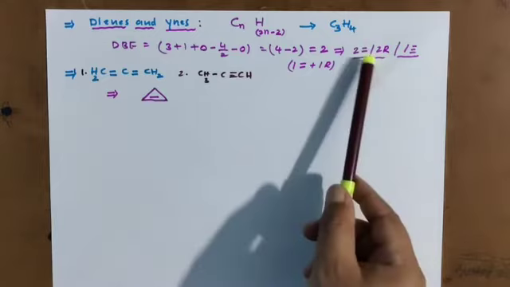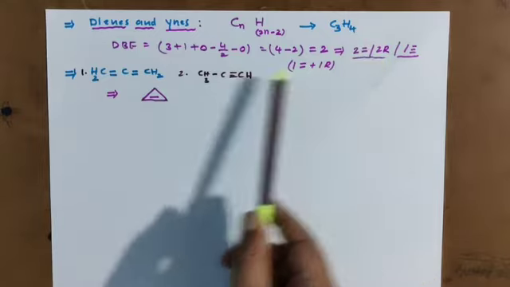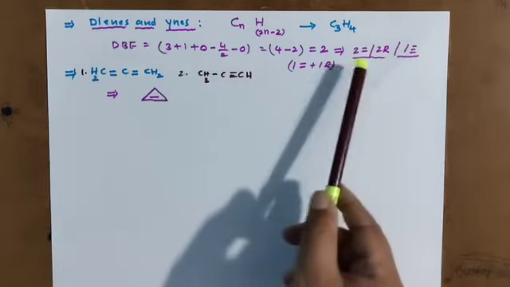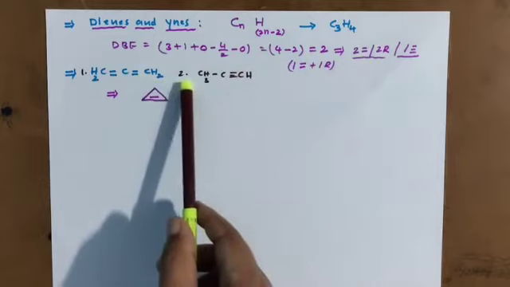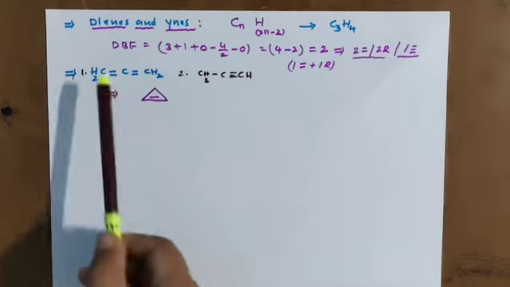Here I also showed 2 double bonds, 2 rings as a possibility, but here we don't have that, because 4 carbons are not there.